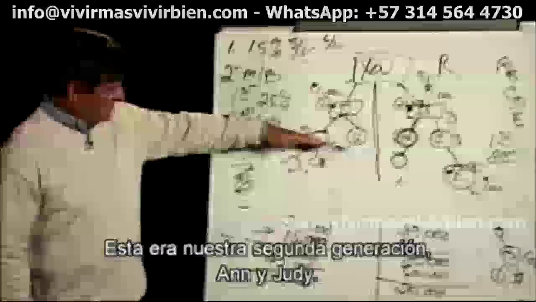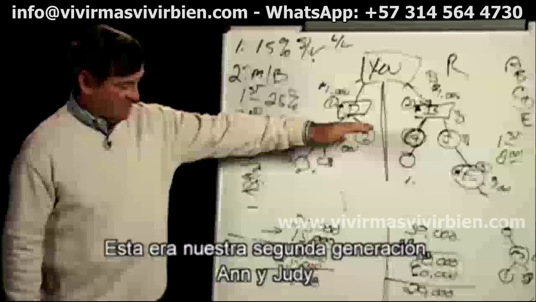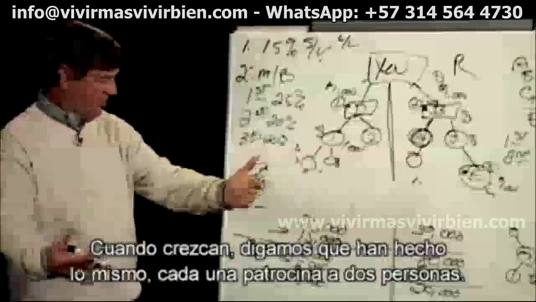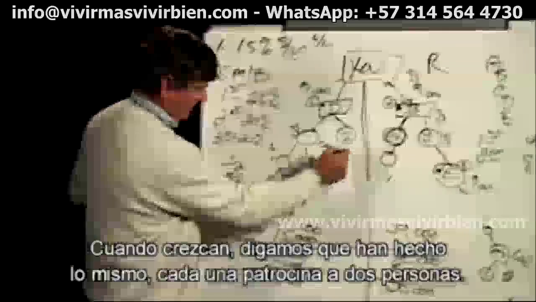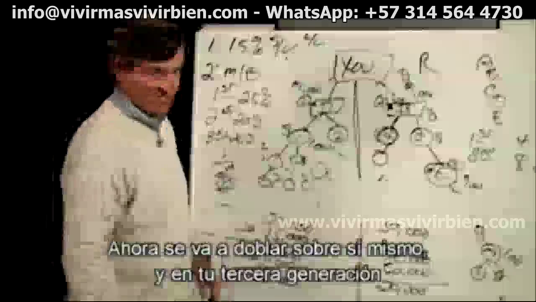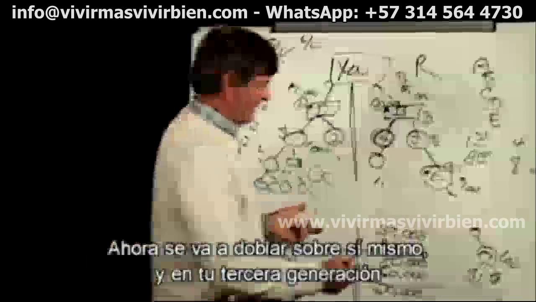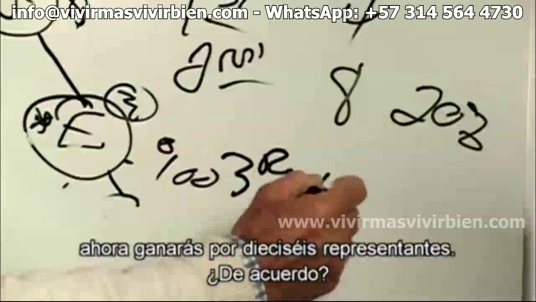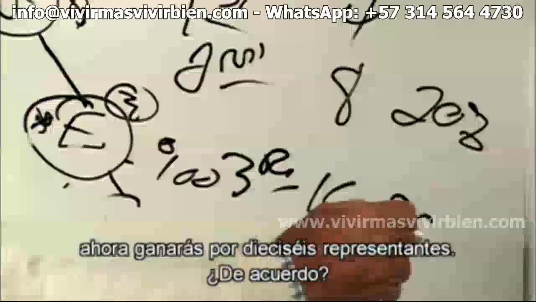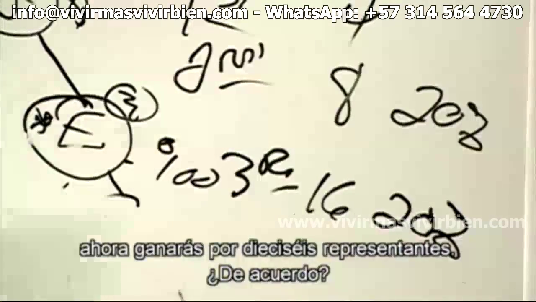This was your second generation. Now 1, 2, Ann and Judy, when they grow, so let's say they did the same thing, each sponsoring a couple of people, okay? What happens is it's going to double on itself. So it's your third generation. You're now matching 16 other reps, all right?